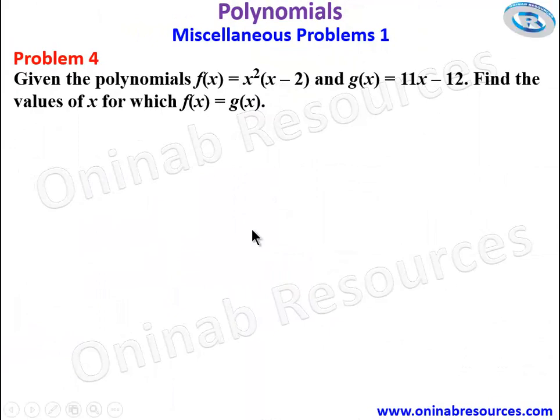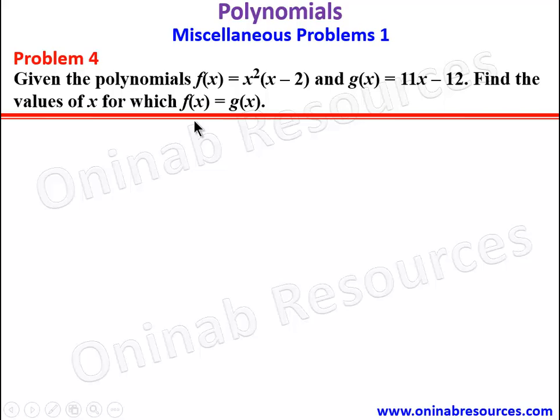For problem 4, given the polynomials f of x is equal to x squared into x minus 2 and g of x is equal to 11x minus 12, find the values of x for which f of x is equal to g of x. We are going to equate, so let's go.